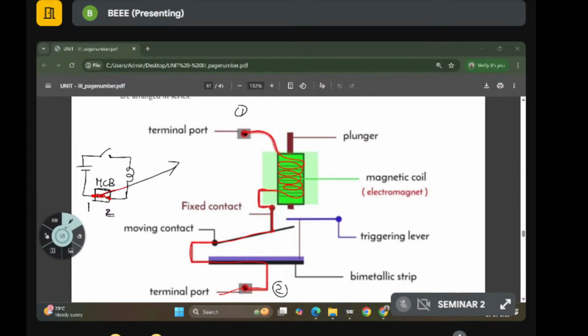Whatever amount of current flows through this diagram, it flows through the lamp and the MCB to the negative terminal, through the coil.